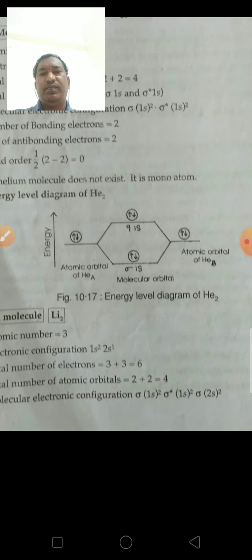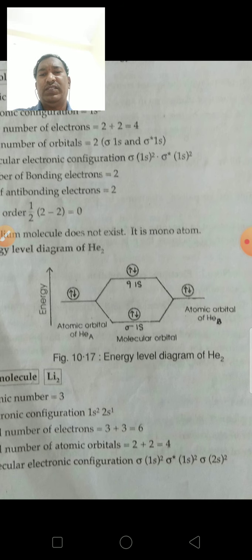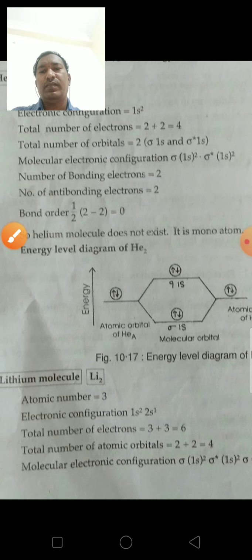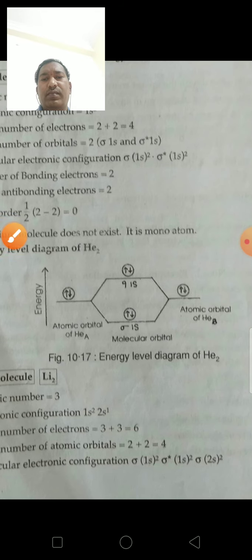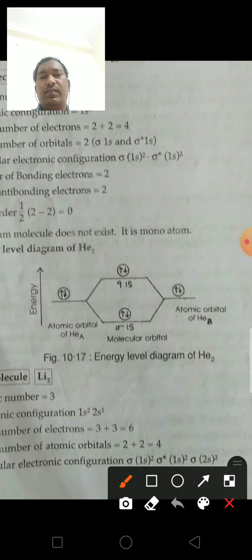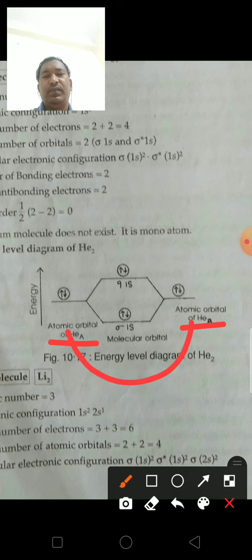So this is the molecular orbital diagram. This is the helium A atomic orbital, and this is the helium B atomic orbital. These 2 atomic orbitals combine to form 2 molecular orbitals. Sigma 1s is the bonding molecular orbital and sigma star 1s is the antibonding molecular orbital.